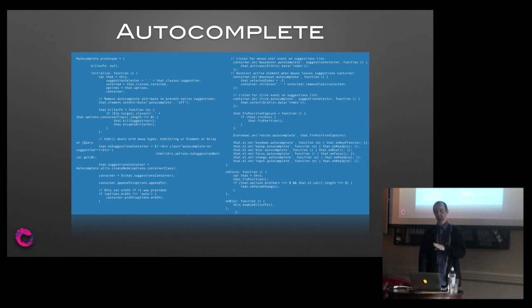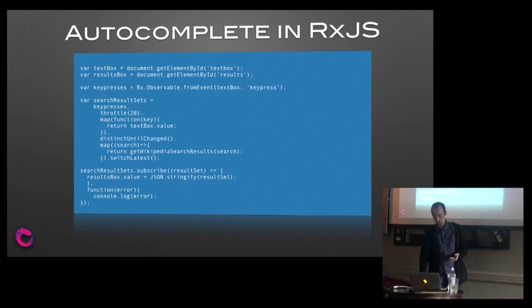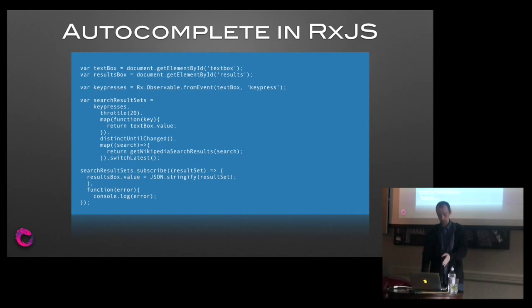Our example doesn't really do that, but that was like 975 lines of code. So it's quite a sizable program, right? And this is the equivalent in RxJS of doing all of that stuff.